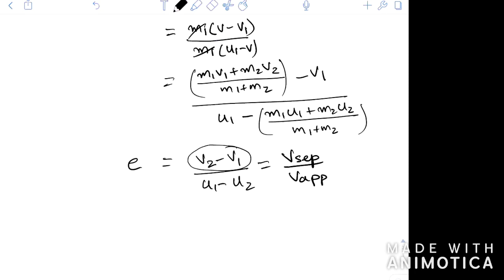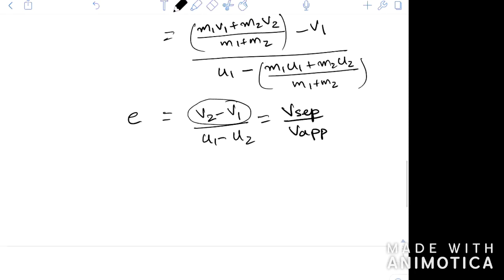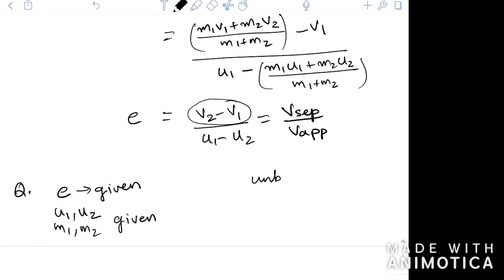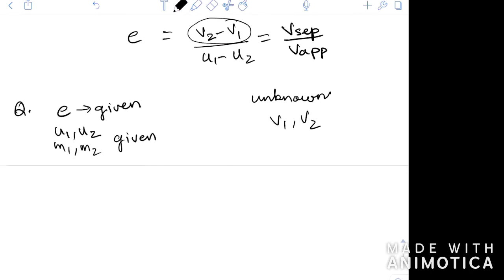Okay, so in general, for any question on collision, there will be a coefficient of restitution given. So in a question in general, we'll have E given, and u1, u2, m1, m2 given. Then the unknowns will be v1 and v2. So we would need two equations to get the unknowns.